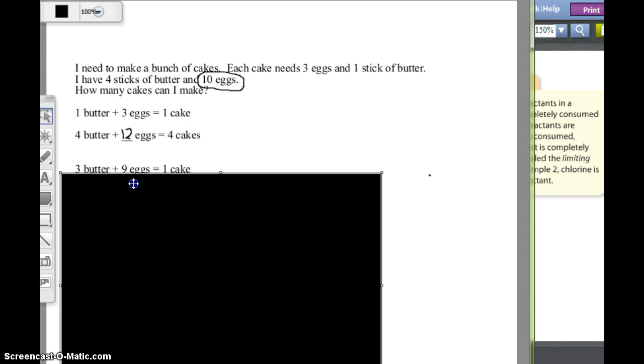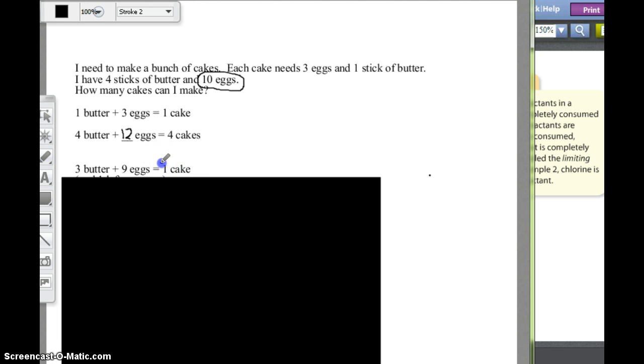All right, so instead, I have 3 butters, 9 eggs, and I can make 3 cakes. So I'm going to have leftover, but that's okay. In fact, I'll have 1 egg left over, but, well, I can't make part of a cake. So I have to use 3 butters, 9 eggs to make 3 cakes.